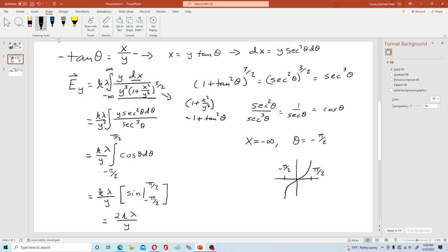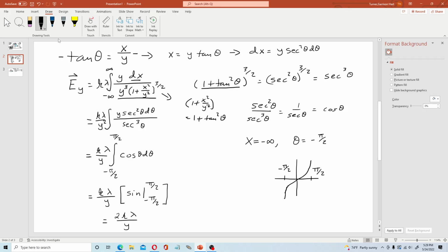Okay? And so that is where the trig substitution comes from. But this is to the 3/2 power.